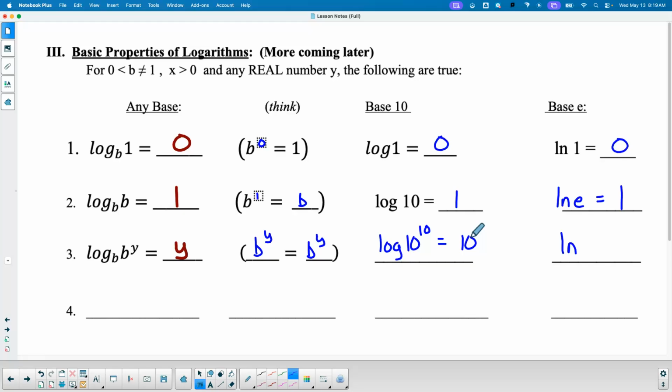Too many 10s for you? Okay, let's change it up. I'm going to go 17. It's 17. Natural log of, give me an e value. e to the 5th is equal to 5.